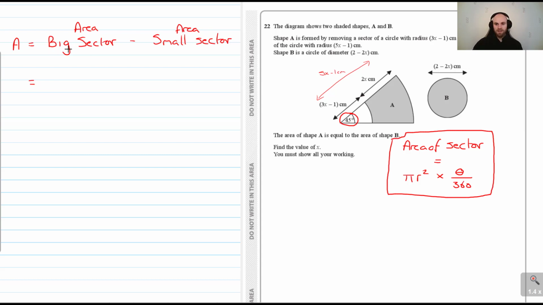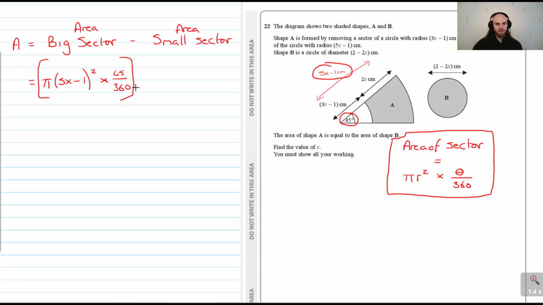Okay, so for the big sector, the radius is going to be, remember, the big sector, which is why I wrote this in, 5x minus 1, squared, multiplied by theta over 360, which is 45 over 360.